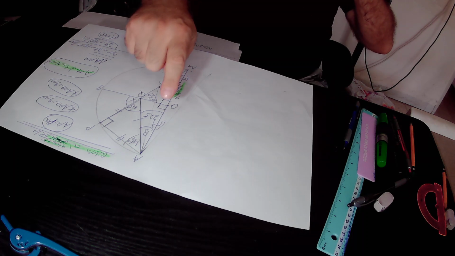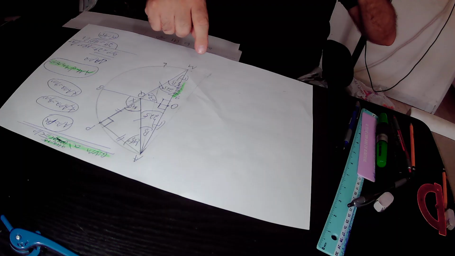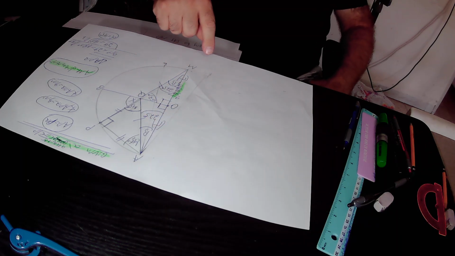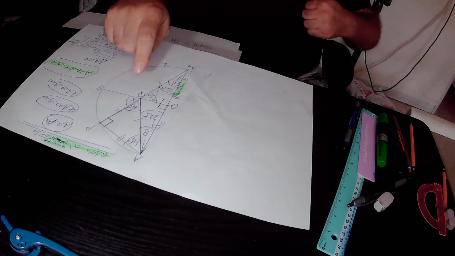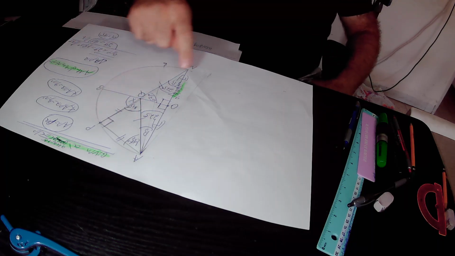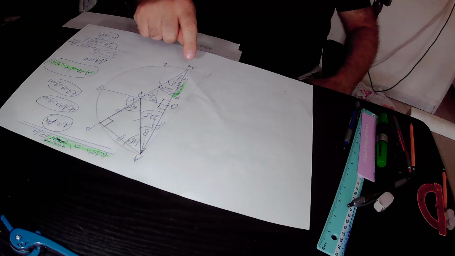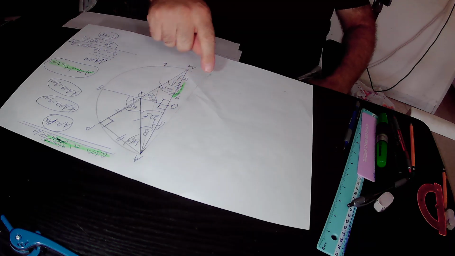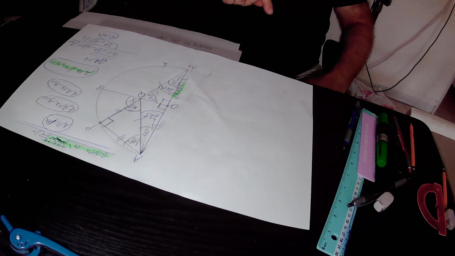Any chord that doesn't pass through the center cannot be the diameter. So AH is not the diameter, and therefore we have a contradiction to rule 5, because peripheral angle APH is 90 degrees and still doesn't subtend the diameter.